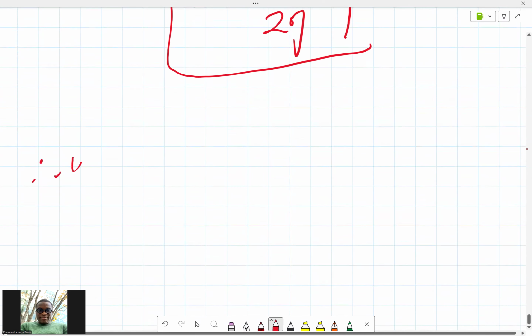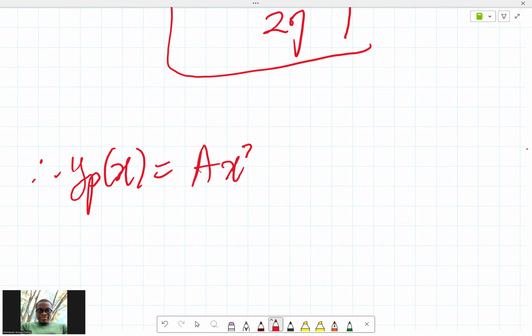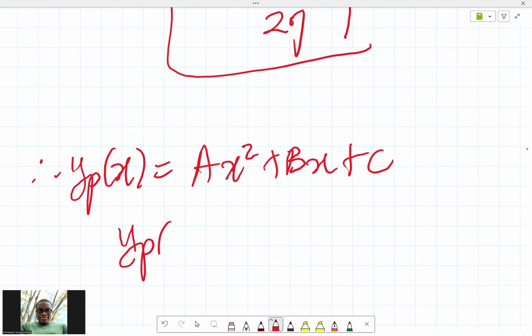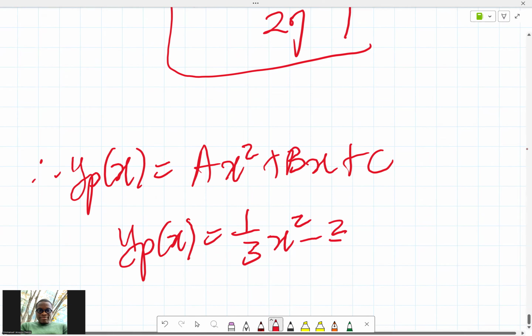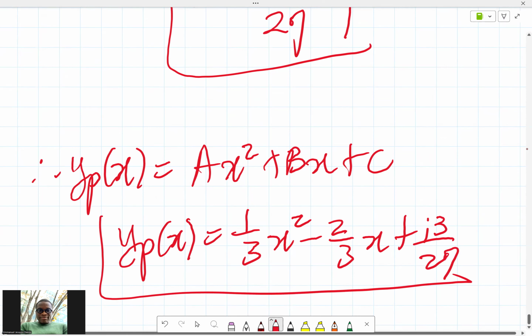We can now say, therefore, the yp of x is equal to ax squared plus bx plus c, which is simply yp of x equals 1 over 3 x squared, b is minus 2 over 3, so minus 2 over 3x, plus 13 over 27. So that is our particular solution.